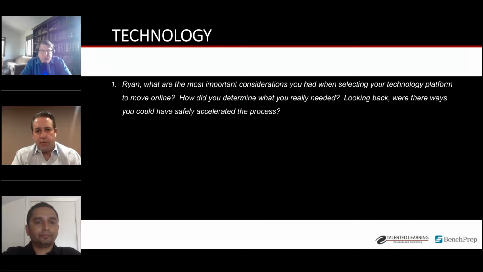The point being is that it is a very big world out there. There's a lot of different platforms, and you don't want to overbuy or underbuy the platforms. They're going to be more expensive or less expensive based on the bandwidth, and just the level and the depth and breadth of the functionality.